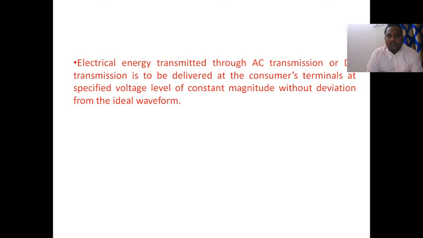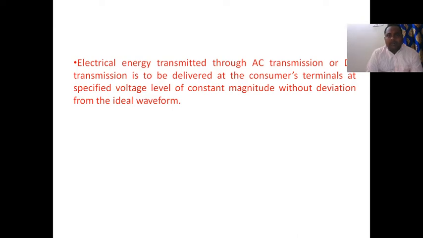If the fifth harmonic is present, 50 into 5, the frequency is 250 hertz. Normally, the fundamental has only 50 hertz. Because of harmonic content, there are more operations present in the converter station, and the waveform is not exactly sinusoidal.